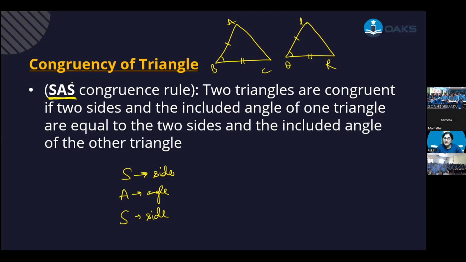SAS means side, angle, side. So what is the definition trying to say? If two sides of one triangle are equal to two sides of another triangle and the included angles are equal, then we can say that the two triangles are congruent based on the SAS congruency rule.